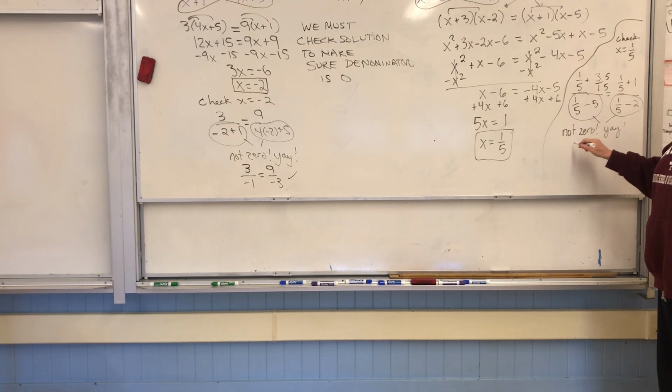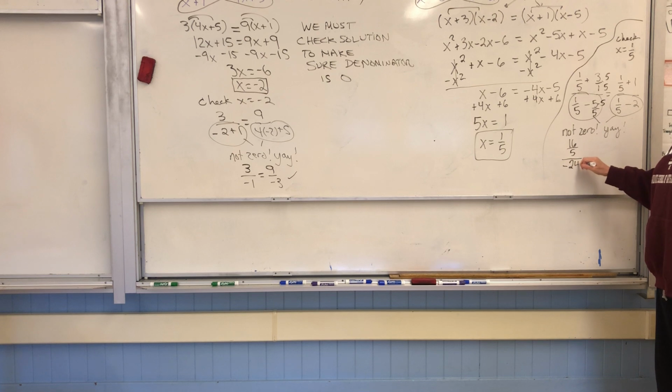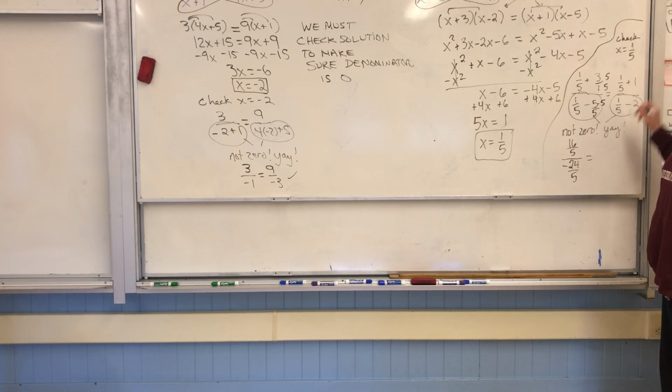Right? So that's 16/5. If I multiply it by 5, that's 25. This is negative 24/5. This is 6/5. And this is negative 9/5. Right?